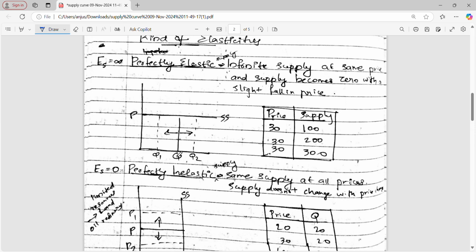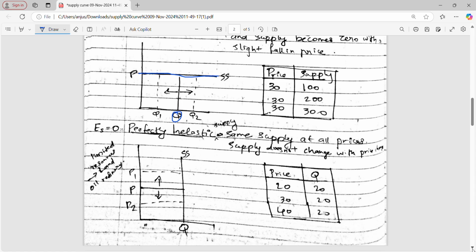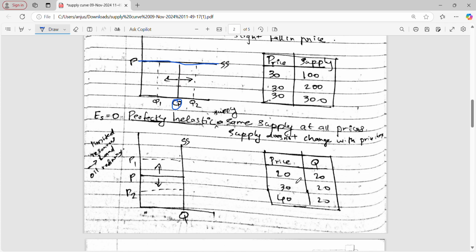This is how the supply curve, the graph, looks like. Even if the quantity increases or decreases, the price will be the same. It is with respect to supply.